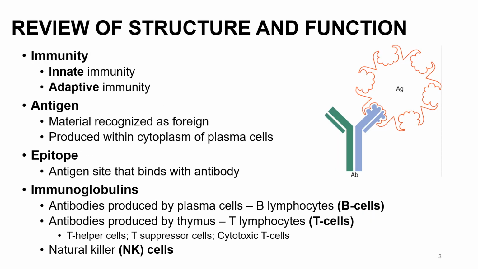Before we talk about what goes wrong, we need to remind ourselves what normal looks like, because pathology is really just normal biology having a bad day. We start with immunity, which breaks into 2 big categories. Innate immunity is your first responder. It's fast, nonspecific, and has zero interest in remembering anything about you.